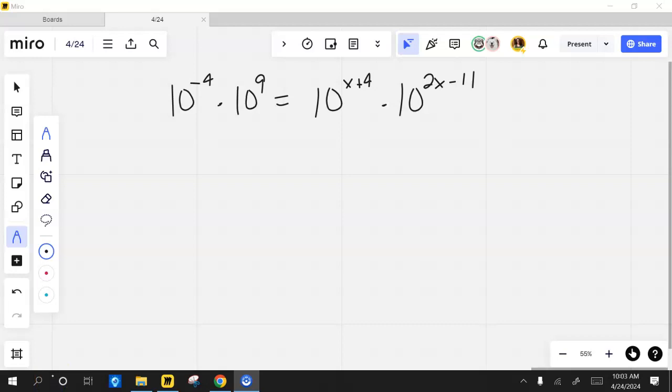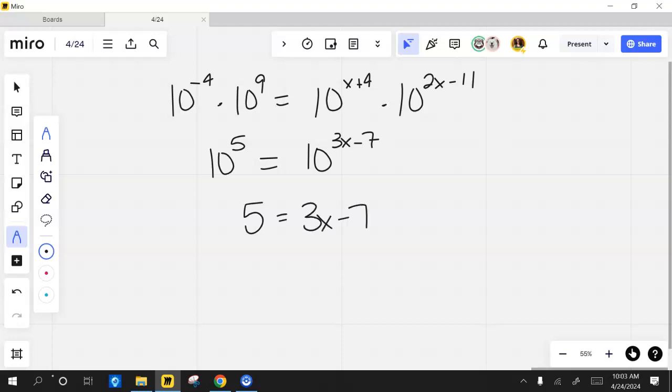You're still adding them. You're just finding x.